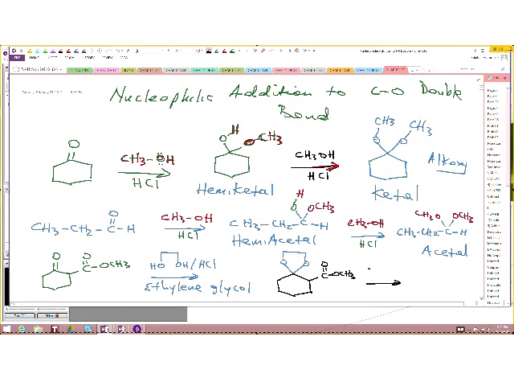So you could take LAH, which is lithium aluminum hydride, followed by dilute acid, and you reduce the ester to a primary alcohol, and you still have your acetal in place.